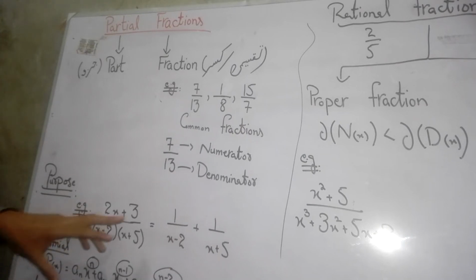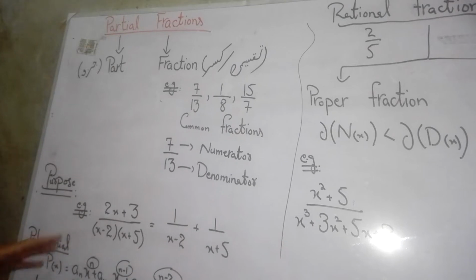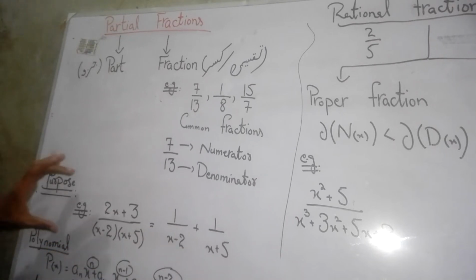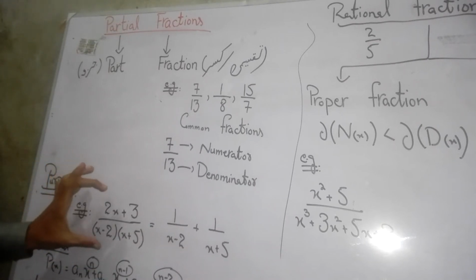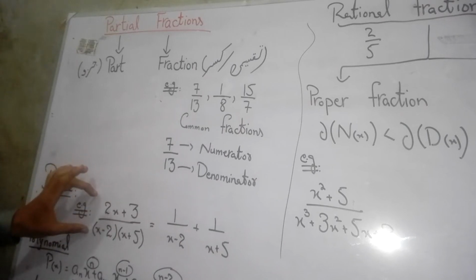Now, what is our purpose in this topic? Our purpose is that when we have an expression like 2x plus 3 over x minus 2x plus 5, we have variables in the denominator and in the numerator.